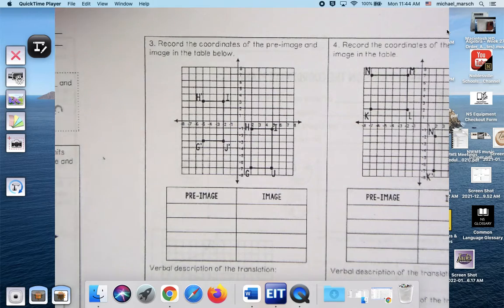Can someone tell me what direction did our pre-image go to get to our image? Which way? Left, right, up, down? What did it do? Up to the right. Right and down. Where? We're on this one right here.